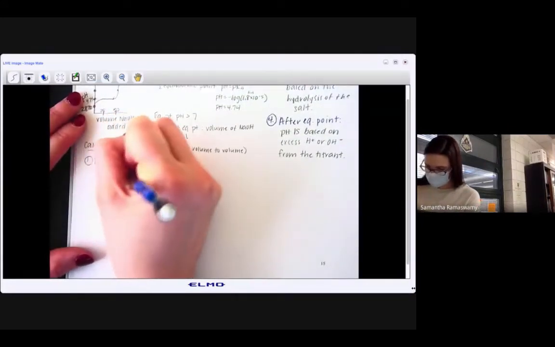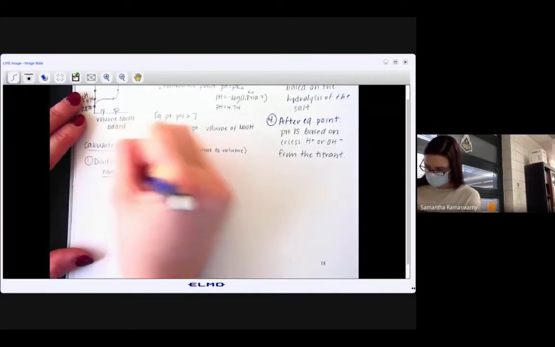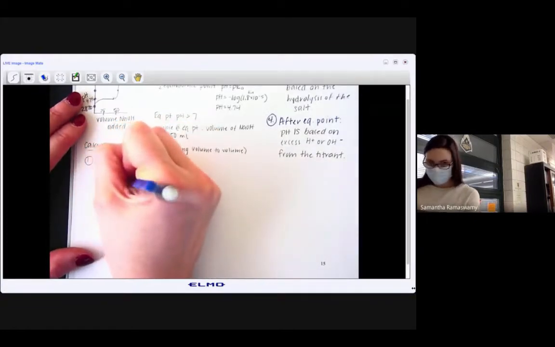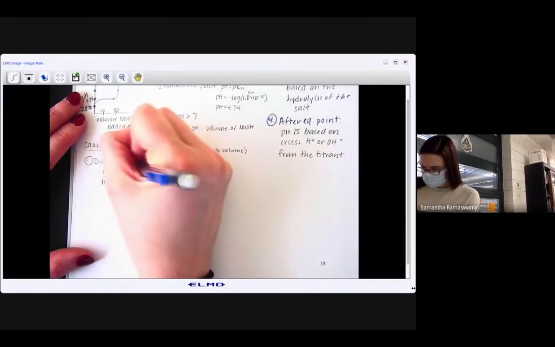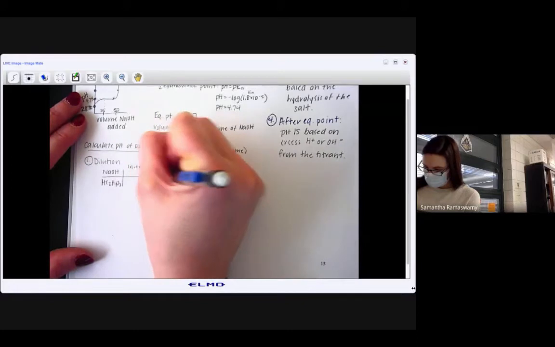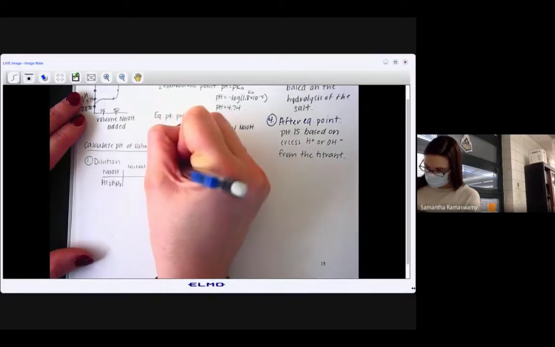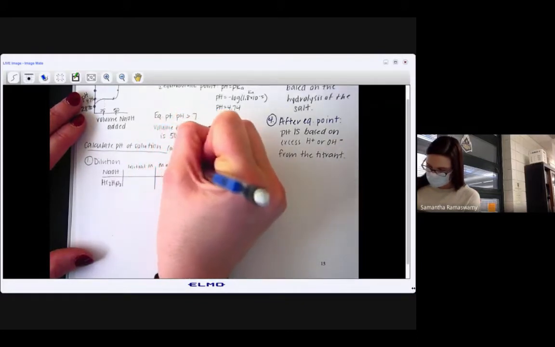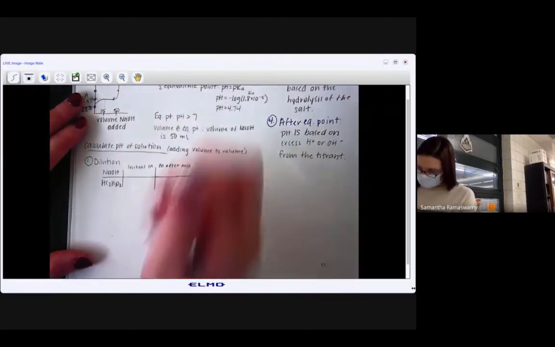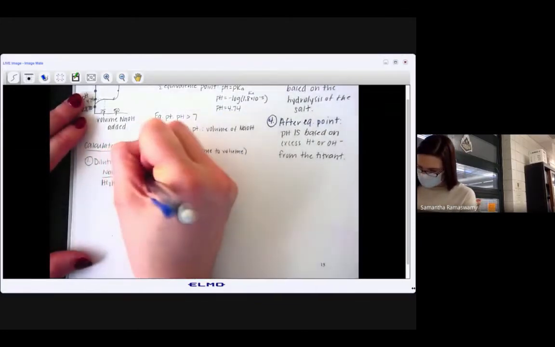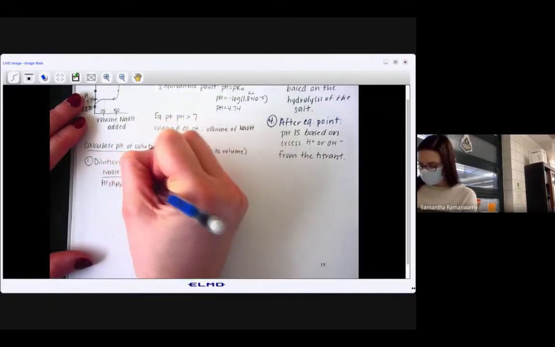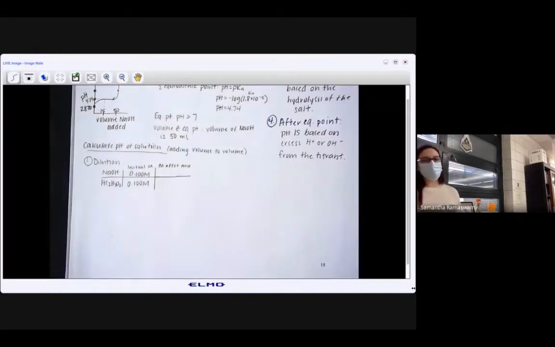NaOH, I'm going to almost just put it in a table. Acetic acid. So here was their initial molarity, and then molarity after mixing. So NaOH had a molarity of 0.1 molar. Acetic acid had a molarity of 0.1 molar, but that was before they were mixed together.